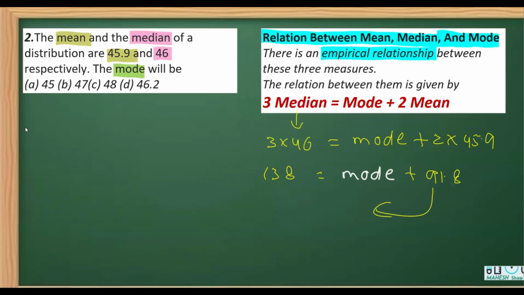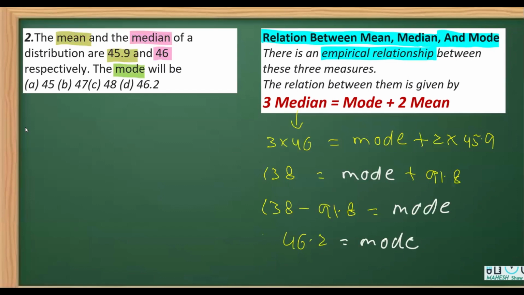On transposing this to the left hand side, 138 minus 91.8 should be equal to the value of mode. Therefore, we'll get the mode as the difference, and the difference comes out to be 46.2. And we'll say, therefore, this is what the mode is. So as for the option, I can see that D is the correct option.